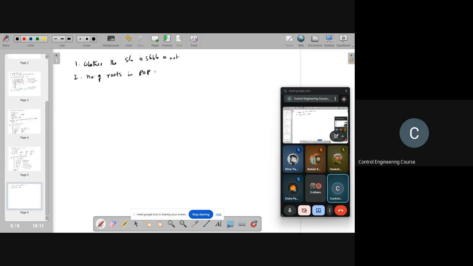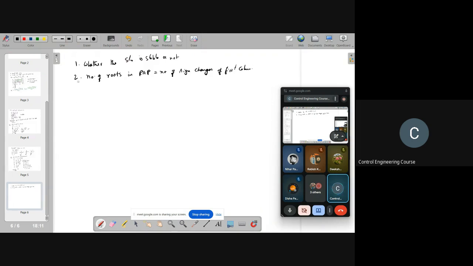This is equal to the number of sign changes of the first column. It also helps other than this.